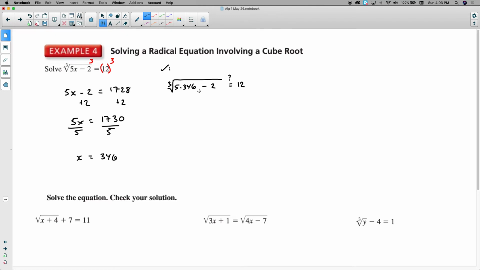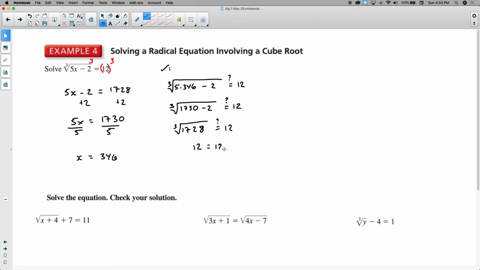We need to do this grouping first, and we need to multiply first. 5 times 346 is 1730 minus 2. So now we're looking at the cubic root of 1728. And if you're following this logic, after all, we did cube 12 to get 1728. So doesn't that mean that the cubic root of 1728 is 12?